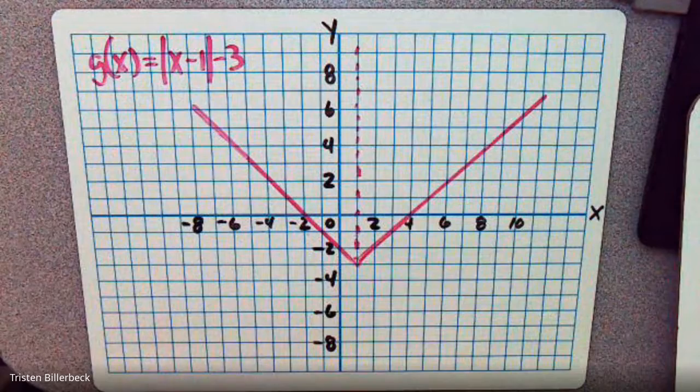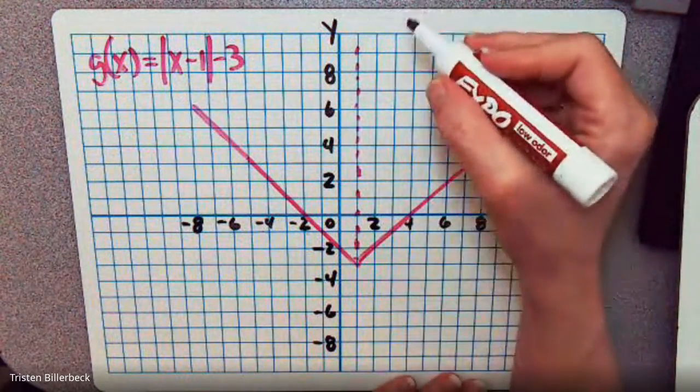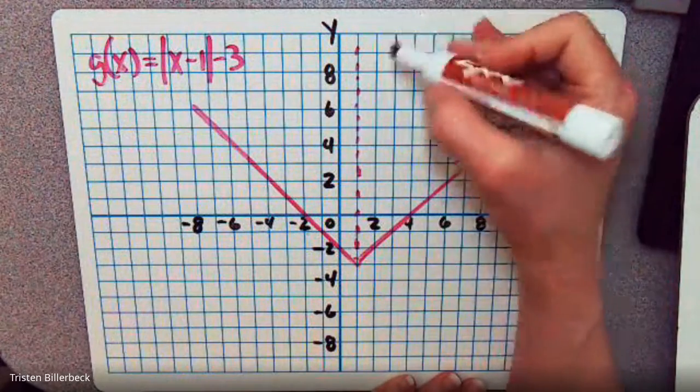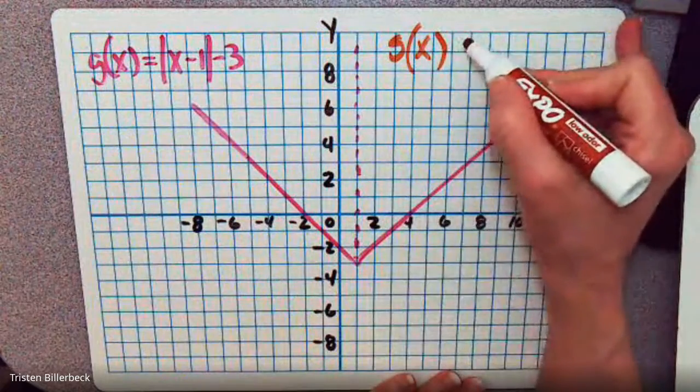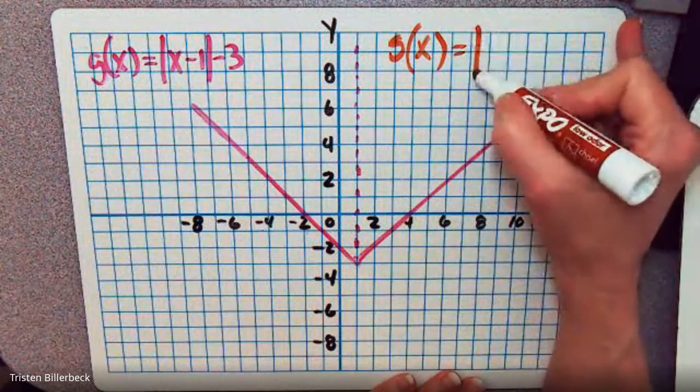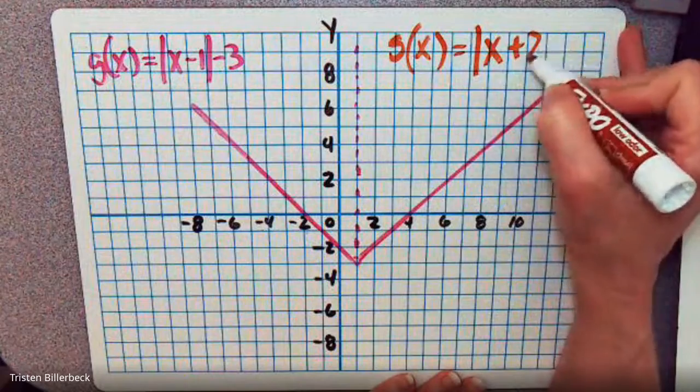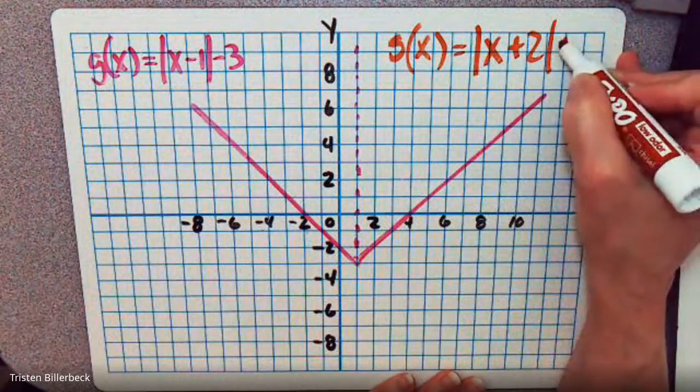All right, if we graph, let me use a different color for this next graph. Let's use brown. Okay, so if I have s of x equals absolute value of x plus 2 plus 6.